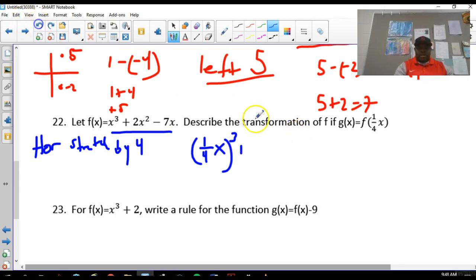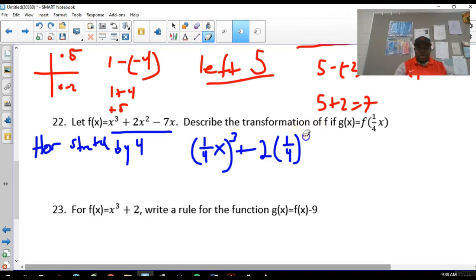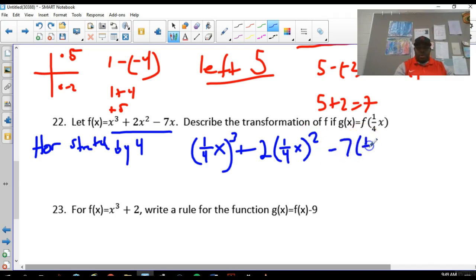Oops, forgot my x. Hold on, let me go back. I'll just erase. Sorry about that, guys. Bear with me. Okay. Now, describe the transformation.